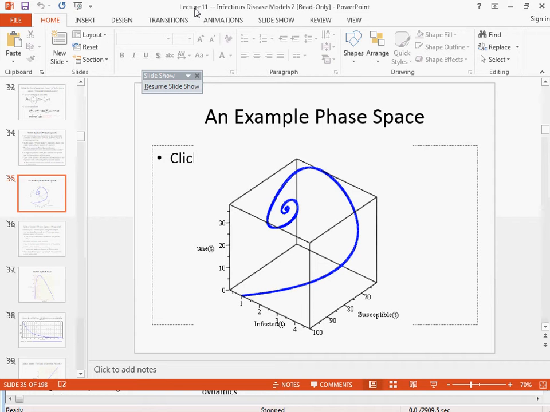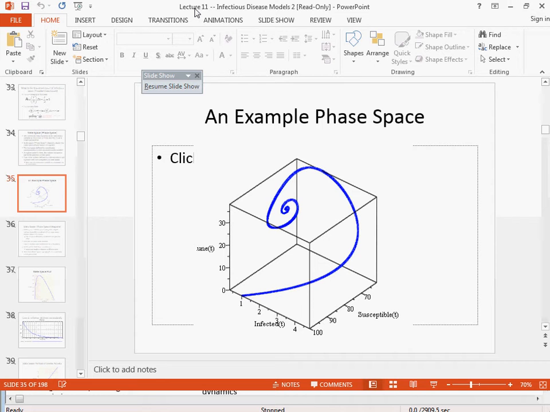And a given run of the model would proceed at a given point in time. It would have a certain number of susceptibles, a certain number of infectives, and a certain number of recovered individuals associated with it. So each little point here is at a certain point in time. And over time, it will proceed along a trajectory as it evolves.